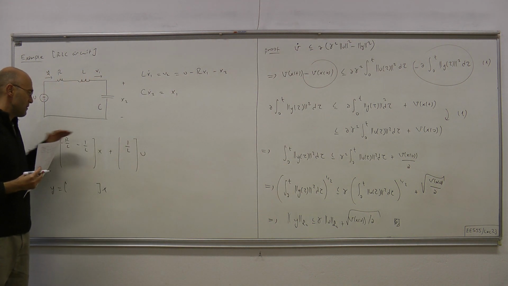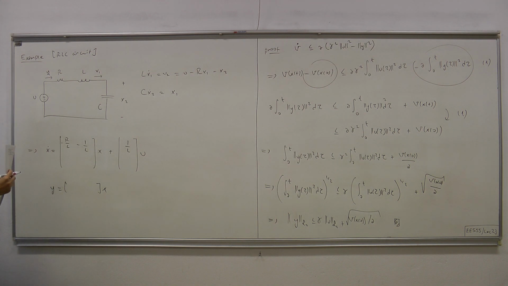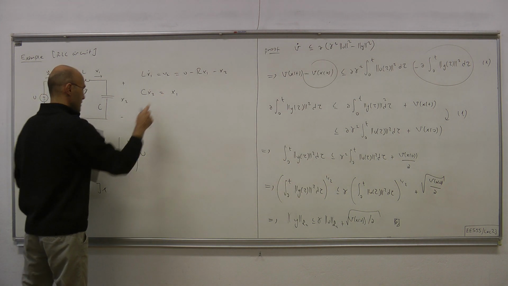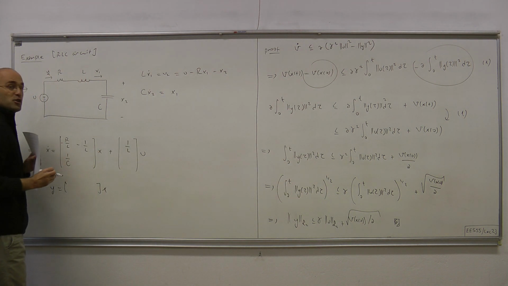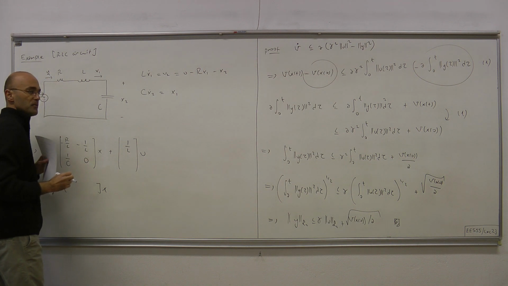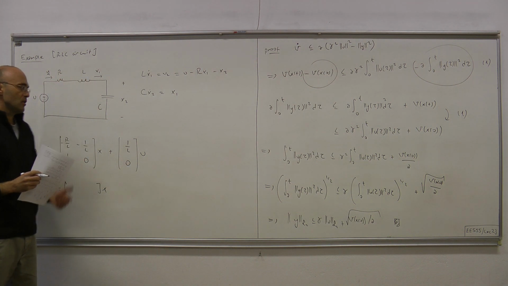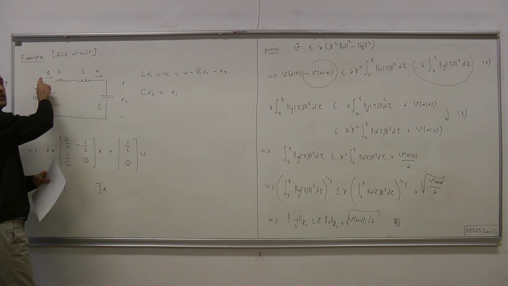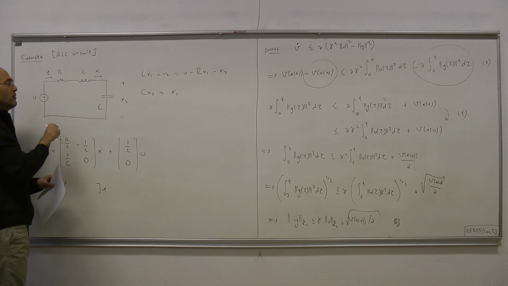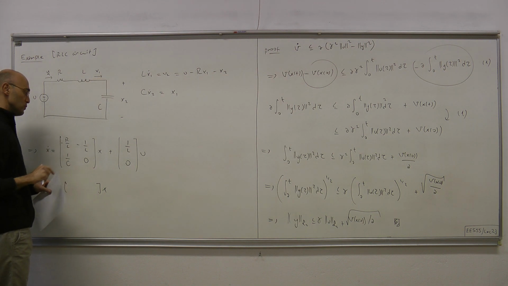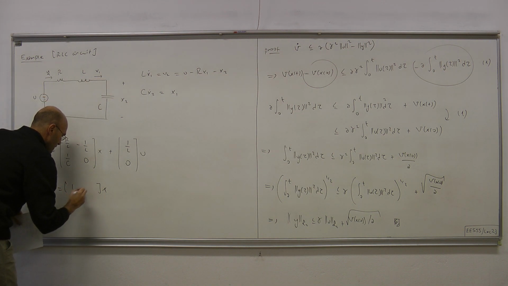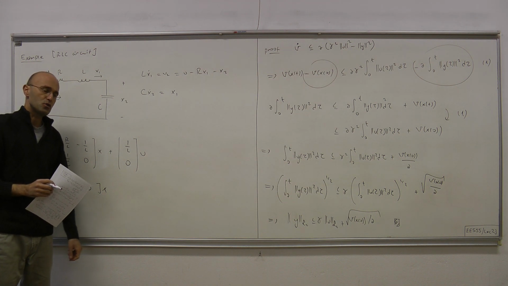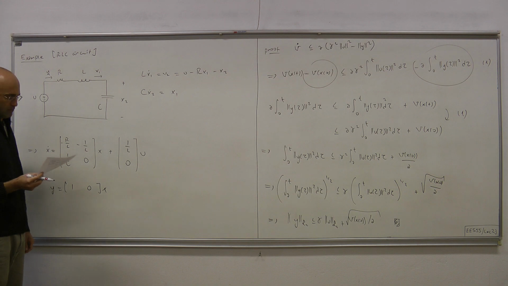So those are the entries of the first rows. And how about x2 dot? x2 dot is simply 1 over C x1 plus 0 times x2 plus 0 times u. So those are the A and B matrices. As for the C matrix, y is the current that flows over everything, and y simply by KCL equals x1. Therefore, we have 1 times x1 plus 0 times x2 as our output.